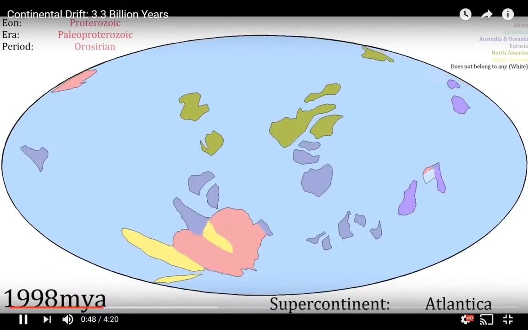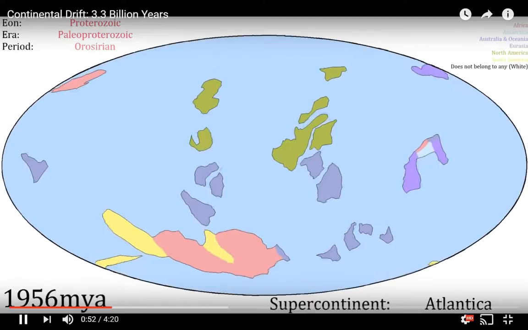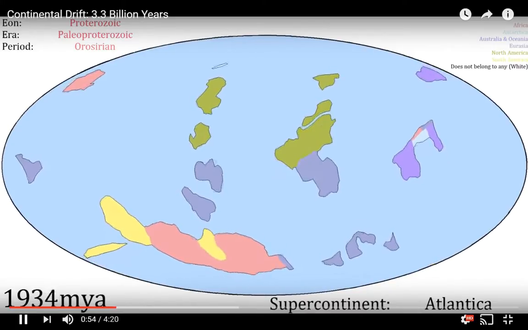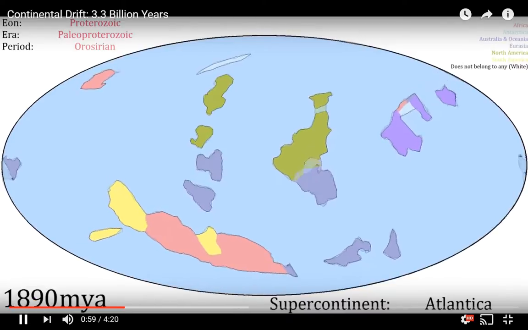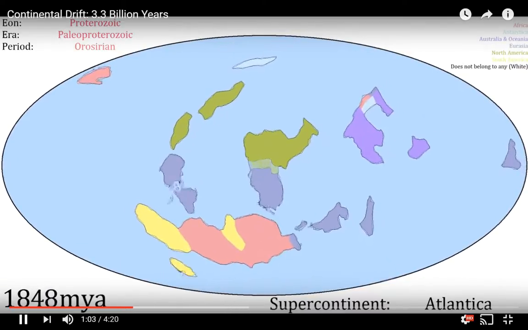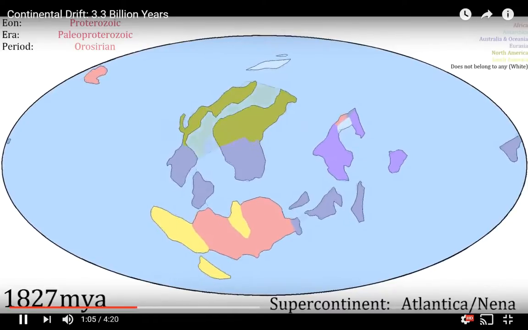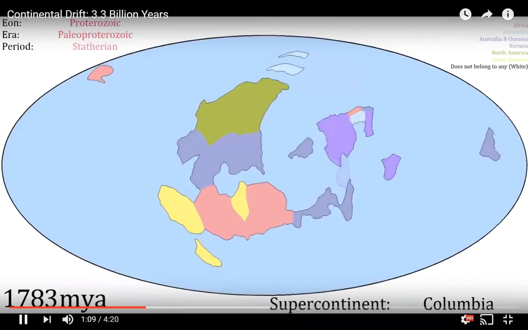And so we have here a supercontinent called Atlantica. They just give it a name. There's no one there to name it, so why can't we name it? And as we go forward in time, we'll start getting to things that you might recognize. This is all under the motion of plate tectonics. So now we have our supercontinent of Columbia.